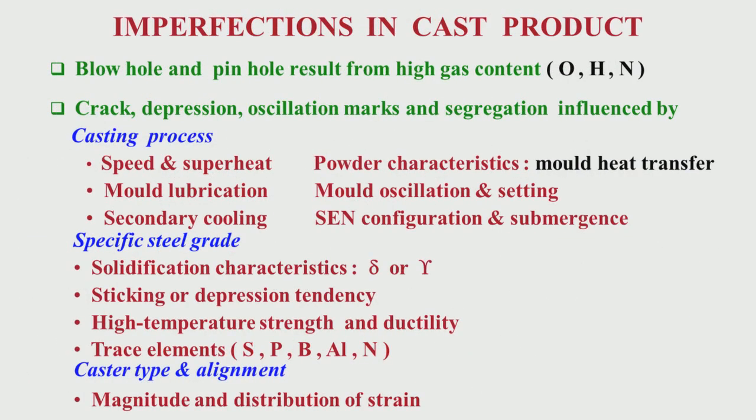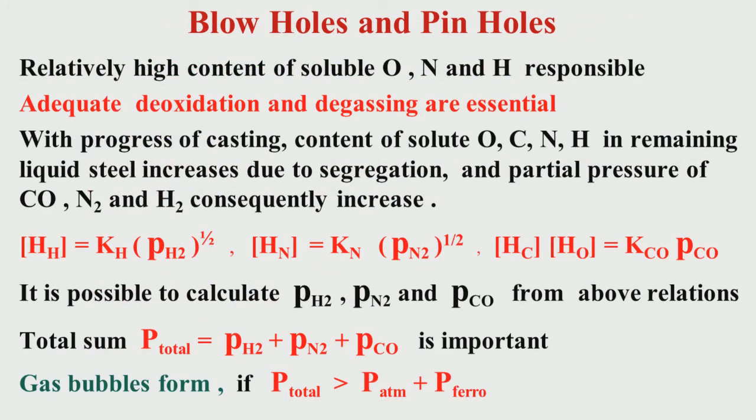As I have mentioned, the first requirement of a good cast product is the absence of blowholes and pinholes, and for that we must have a low amount of these contents. We must do good deoxidation, and good degassing to take care of hydrogen and nitrogen. This is the first requirement. Then only do you have an absence of blowholes and pinholes. I have tried to explain the principle, why it forms.